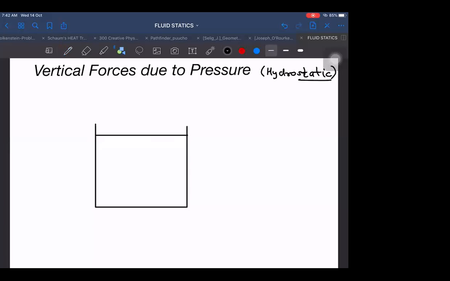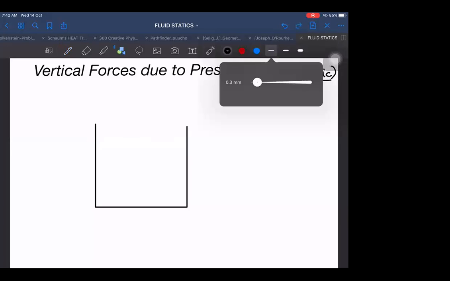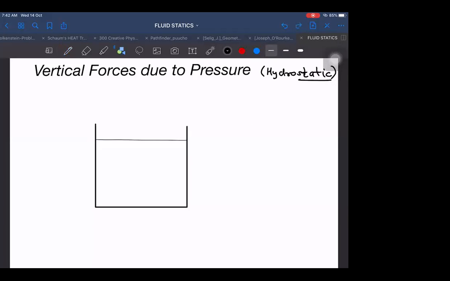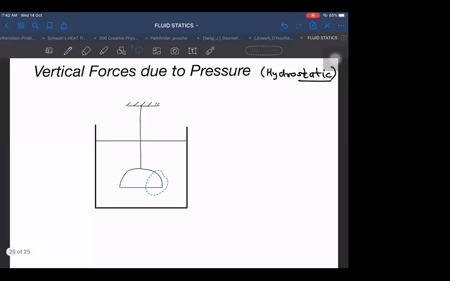The idea is this. Let us say I am asking you this question now. This is a hemispherical portion.